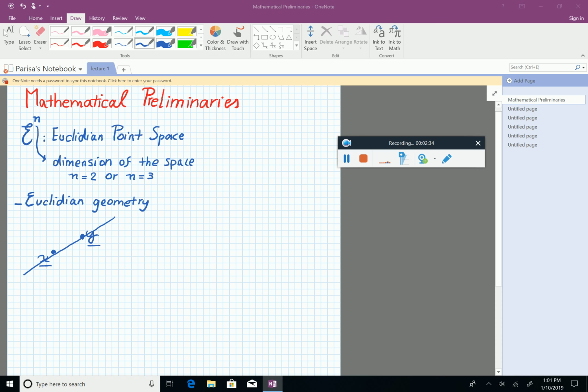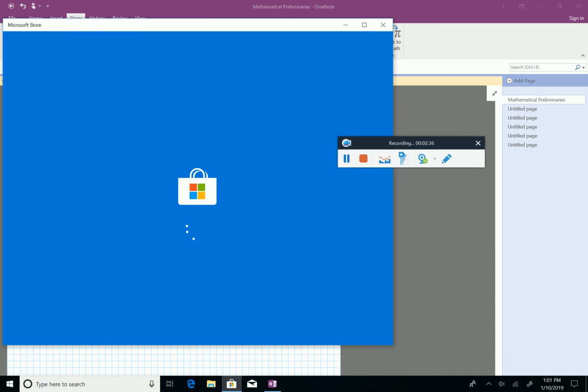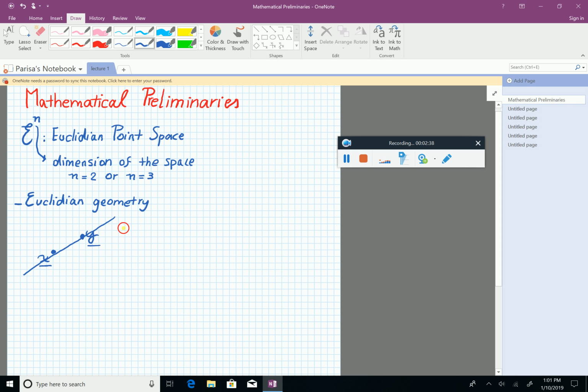To write this mathematically, we can say that for every X and Y that belong to this Euclidean point space, basically we can pass a straight line.